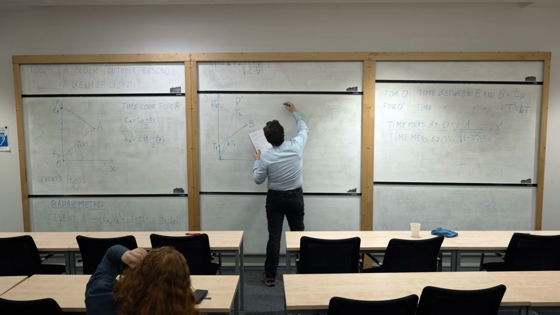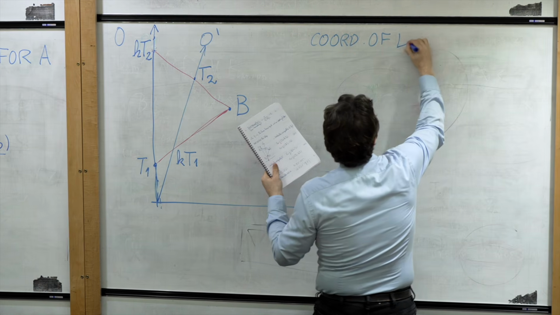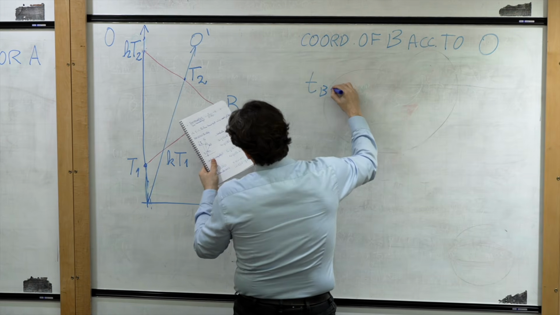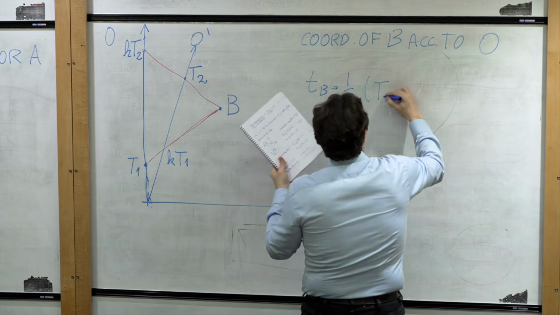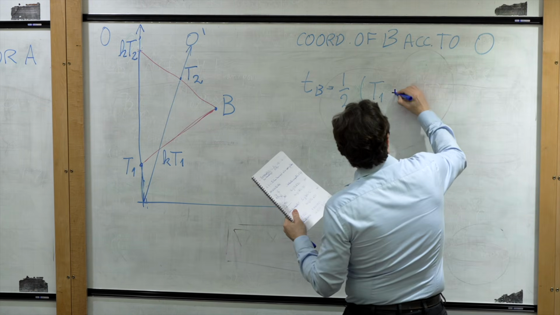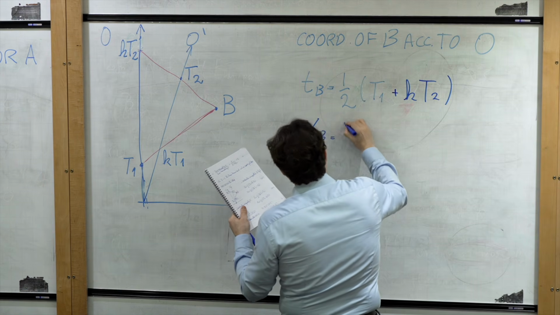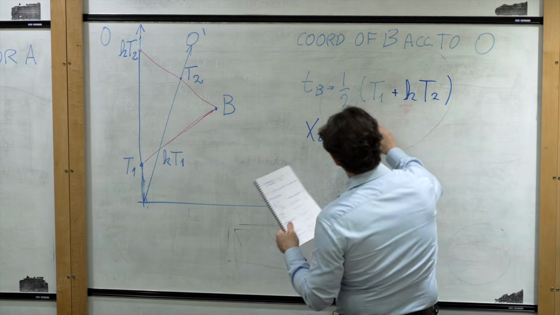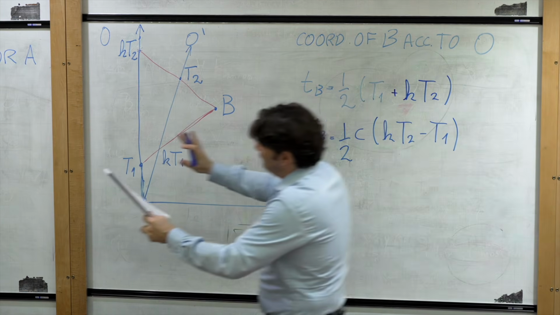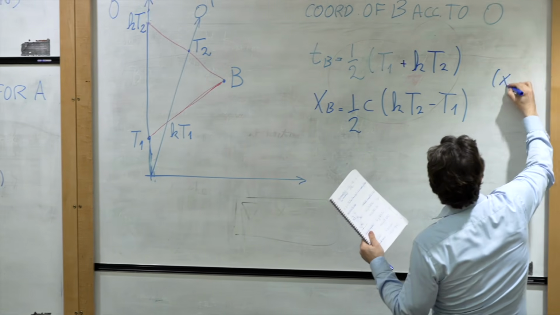So the coordinates of B according to O are as follows: T B equals 1/2 of T1 plus K T2, and X B equals 1/2 of C times K T2 minus T1, just applying the formulas of the radar method that we derived on the left, right? And this is the system of equations number 1.